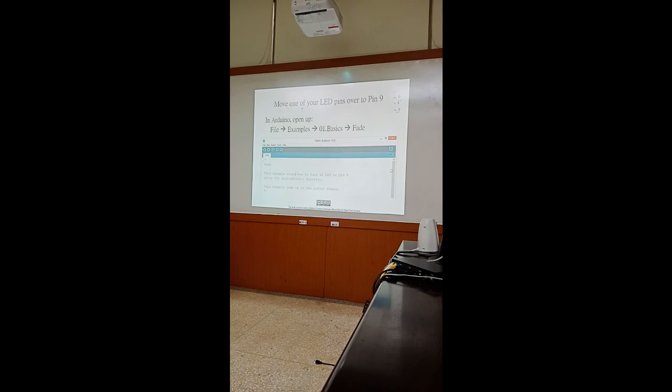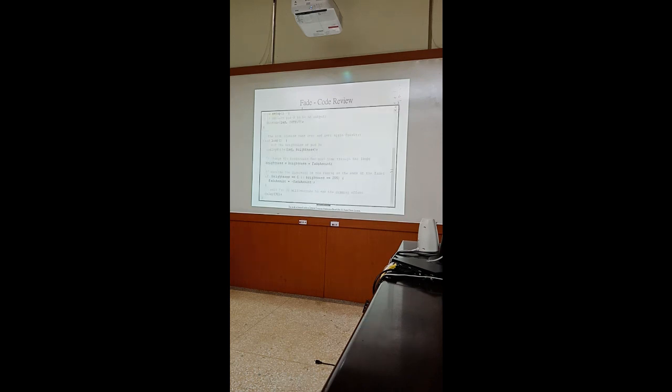This example code is in the public domain. So you can find it like this. LED is 9. Brightness is 0. Fade amount, how many points to fade the LED by, is 5.